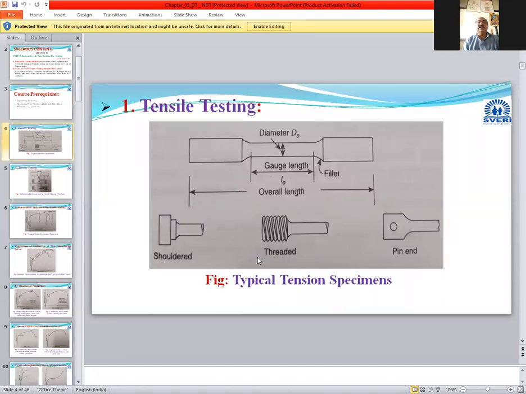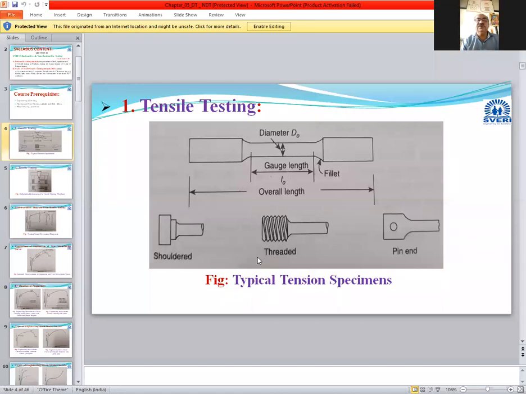Yesterday we studied the tensile test. In this tensile test, we prepared the specimens. There is the gauge diameter, gauge length, and overall length. Like this specimen, we can prepare to conduct the tensile test on a UTM, universal testing machine.